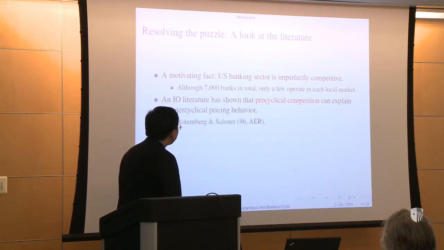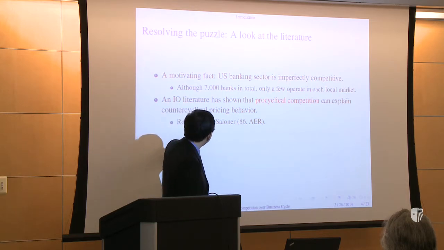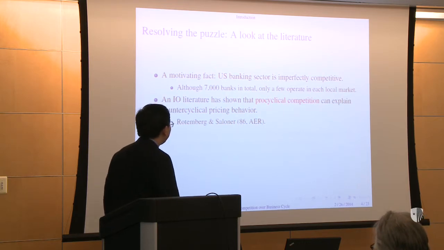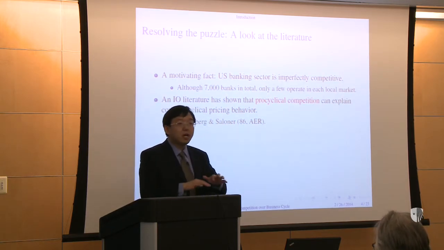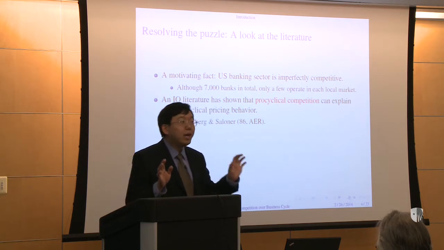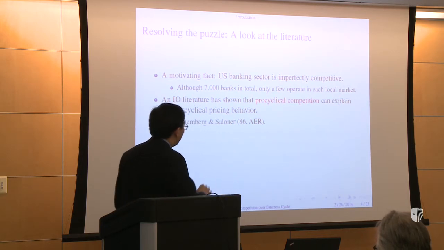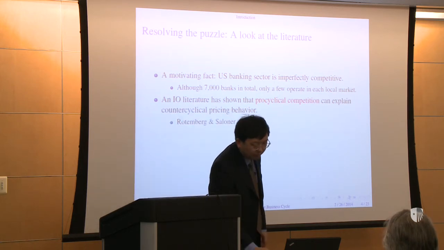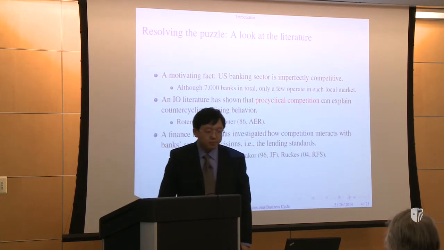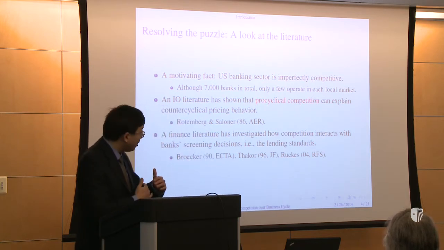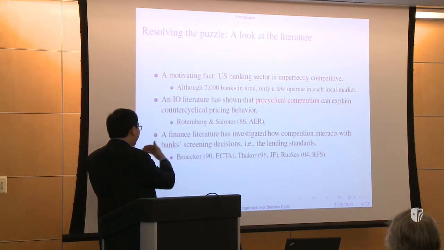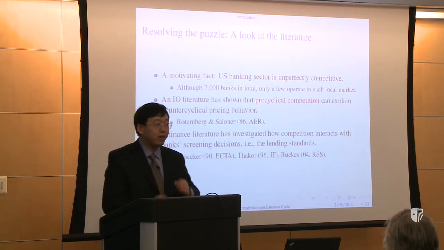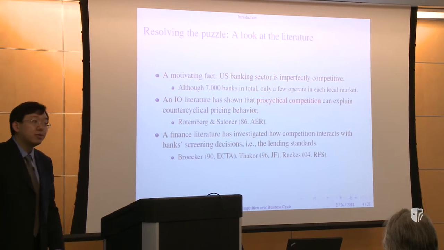In this regard, we have a seminal paper by Rotemberg and Saloner, published in the American Economic Review almost 13 years ago, setting up a very simple and elegant dynamic model of procyclical competition and countercyclical pricing. Secondly, I turn to the finance literature, which has investigated how competition interacts with banks' screening decisions.